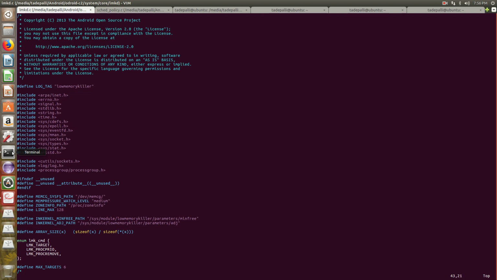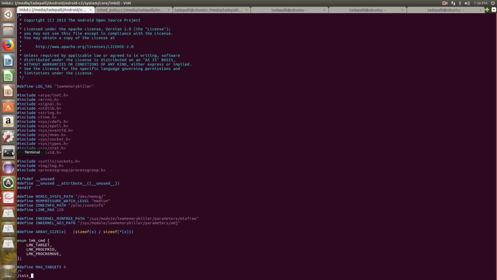Make note of this: the memory pressure watch level is medium, which Android uses. So basically, it tries to monitor the pressure level as medium, and once it hits, there is a cgroup event that it receives using an eventfd, and then it goes through. Let's see how it happens.